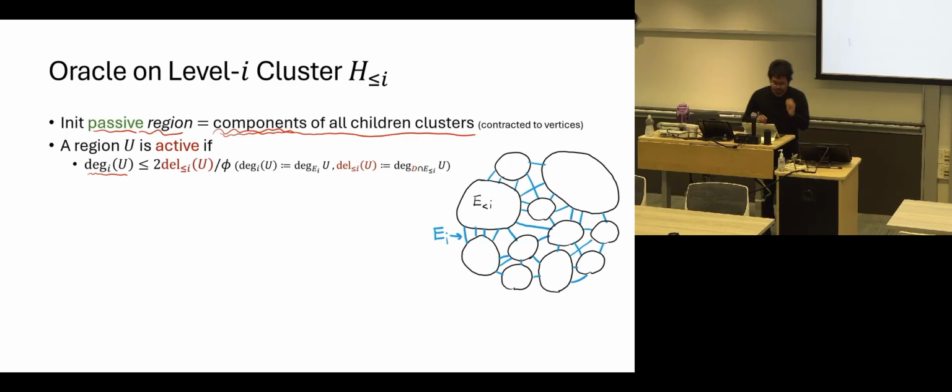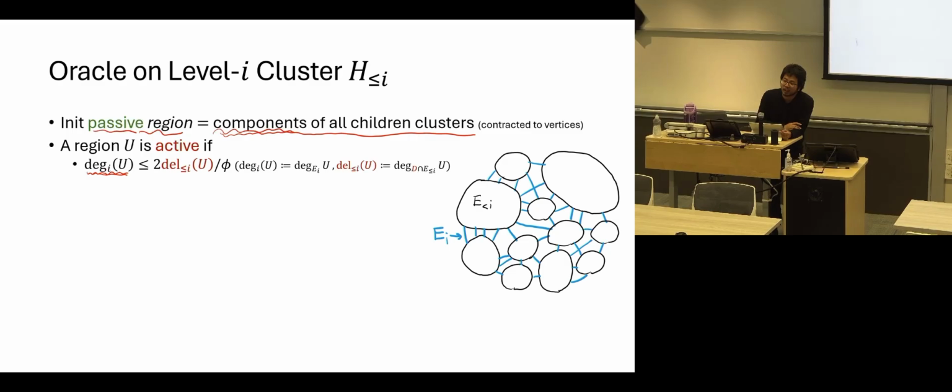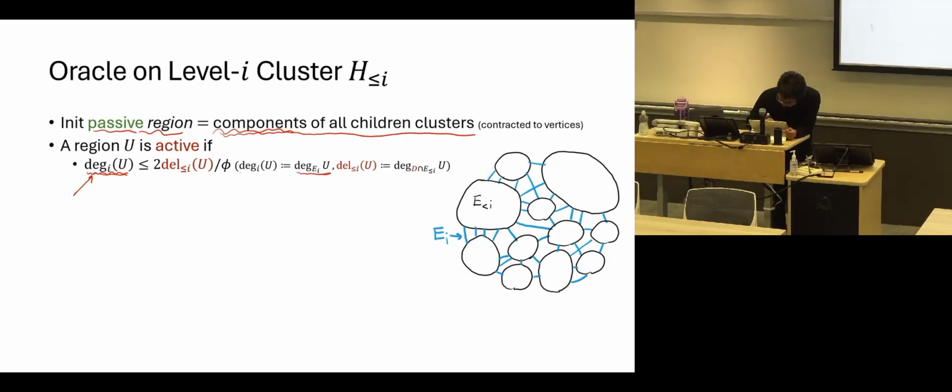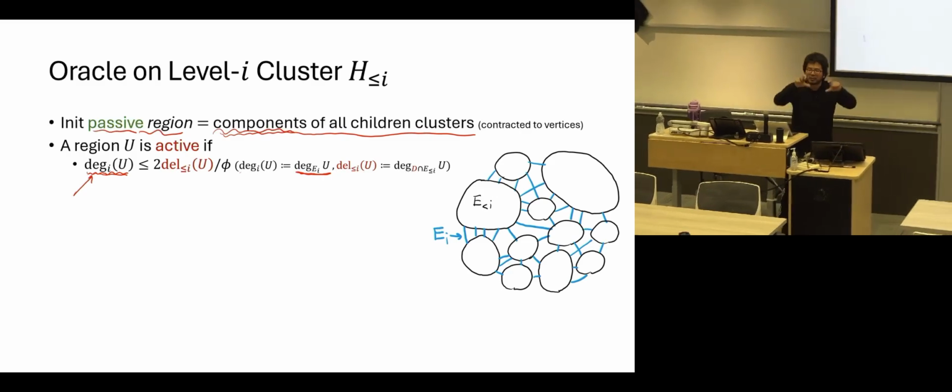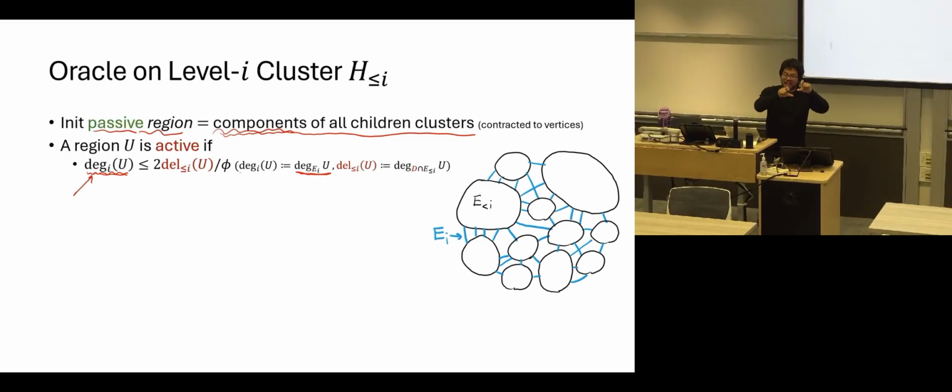So you count the number of edges at level I. This is degree I of u. What's degree I of u? It's the total number of edges at level I incident to u.